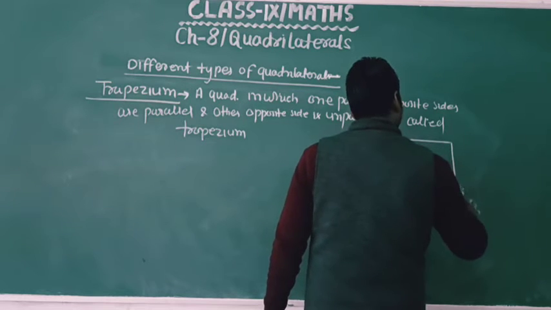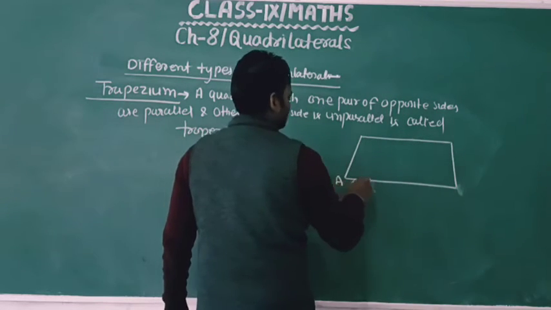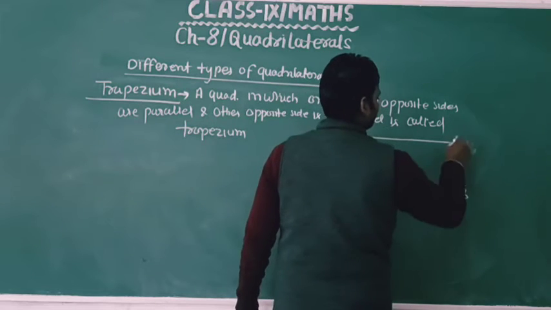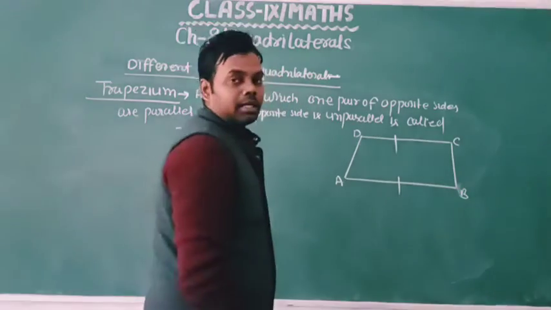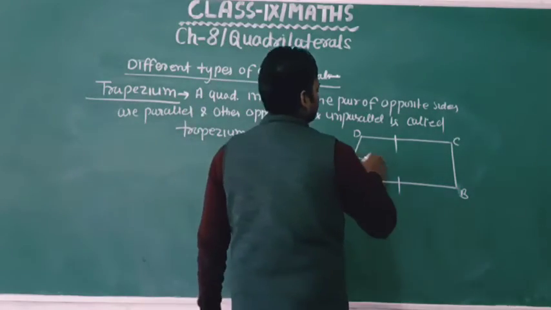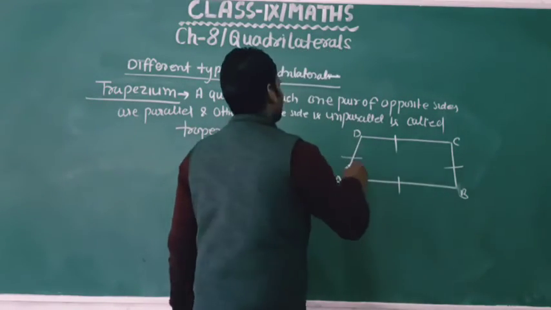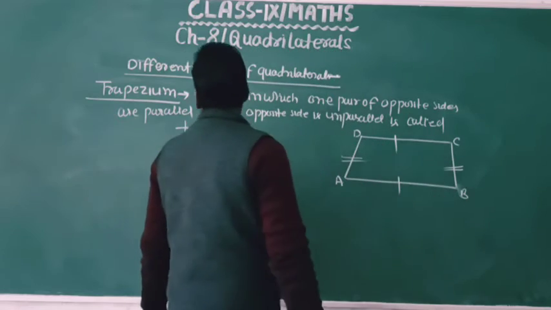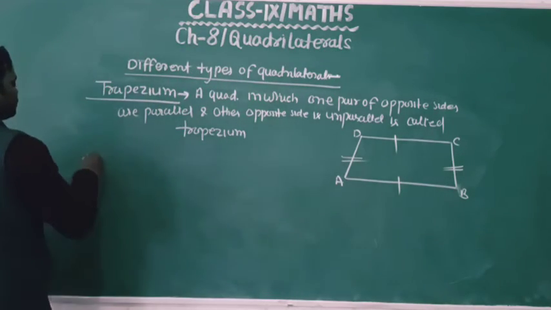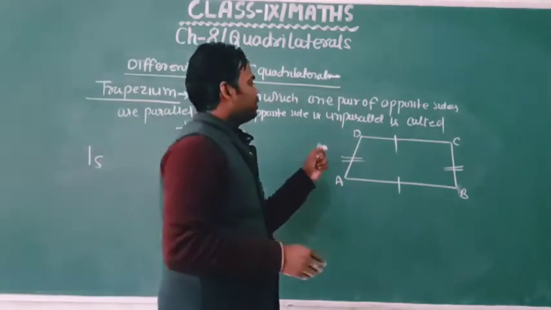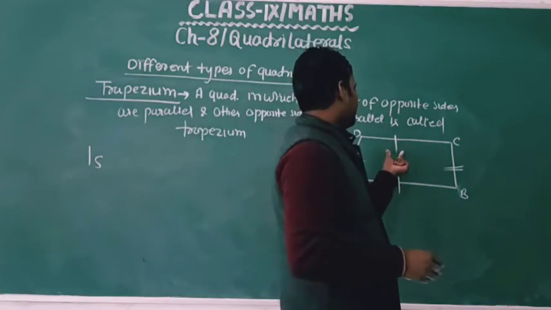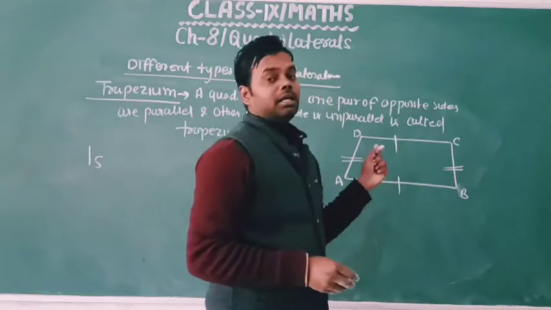So here in the picture we can see one pair, AB and CD, is parallel, but AD and BC are not parallel. So this is a trapezium. Next, this trapezium is called an isosceles trapezium when one pair of opposite sides is parallel and the non-parallel sides are equal.